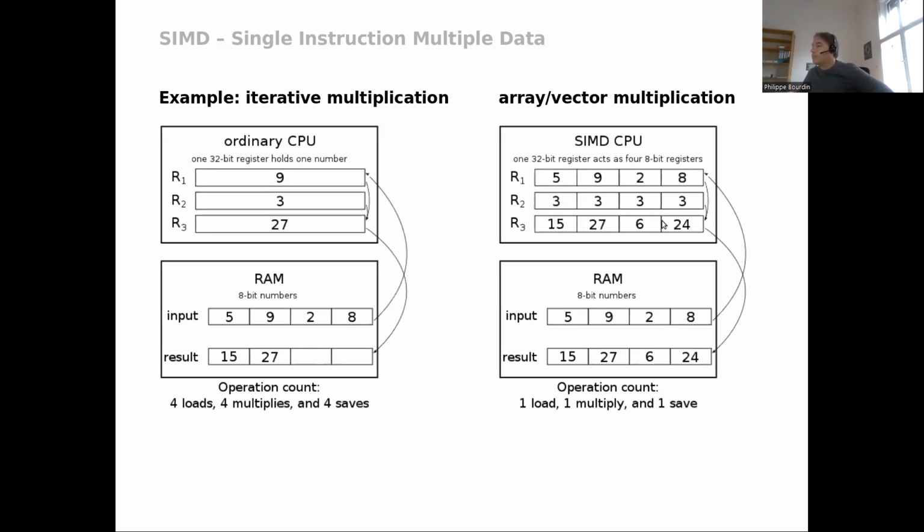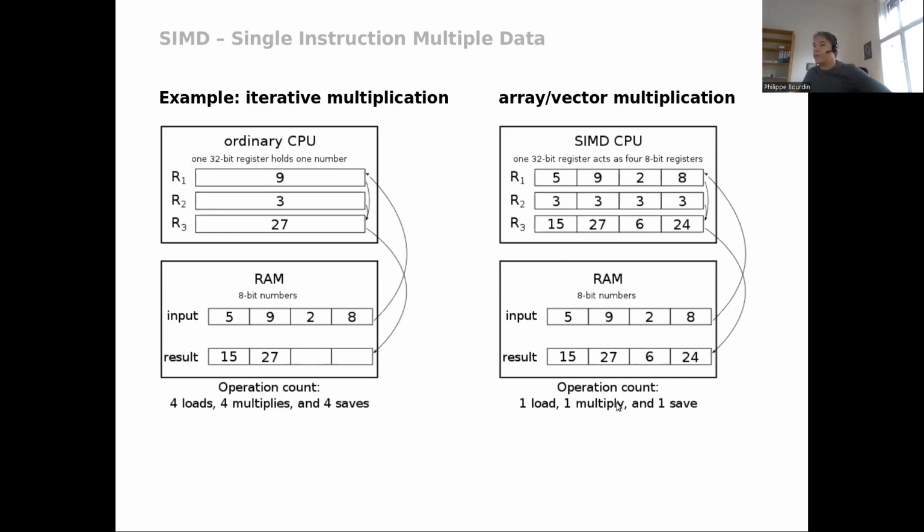Because you have an output array, you can save that output array into memory with only one instruction, namely saving a larger block. And also, for these SIMD units on the CPUs, the actual multiplication is just one instruction, because you have long registers that carry, in this case, 4 numbers, and then you perform the multiplication in each of them simultaneously, right?